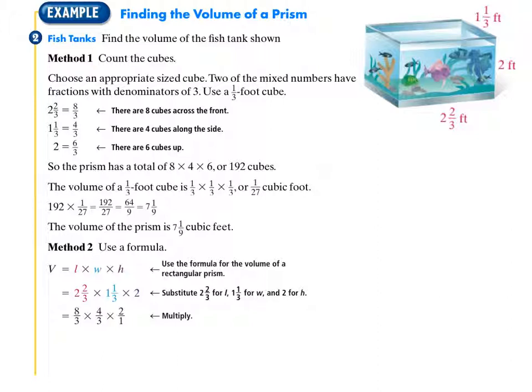So that would be 8 over 3 times 4 over 3 times 2 over 1. So 8 times 4 is 32, times 2 is 64, over 3 times 3 times 1, which is 9. So 64 over 9 simplifies down to 7 1/9. So again, the volume is 7 1/9 cubic feet, or you could write it as 7 1/9 ft with a cube symbol.